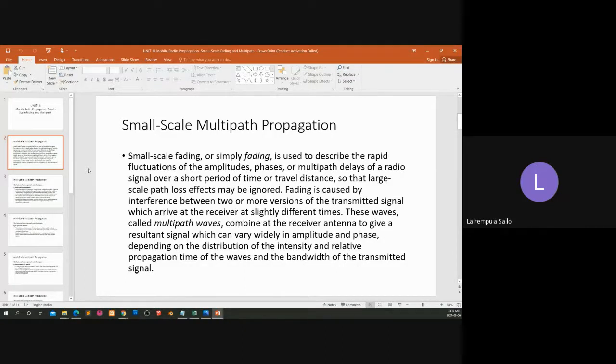It implies rapid fluctuations of amplitude and phase.